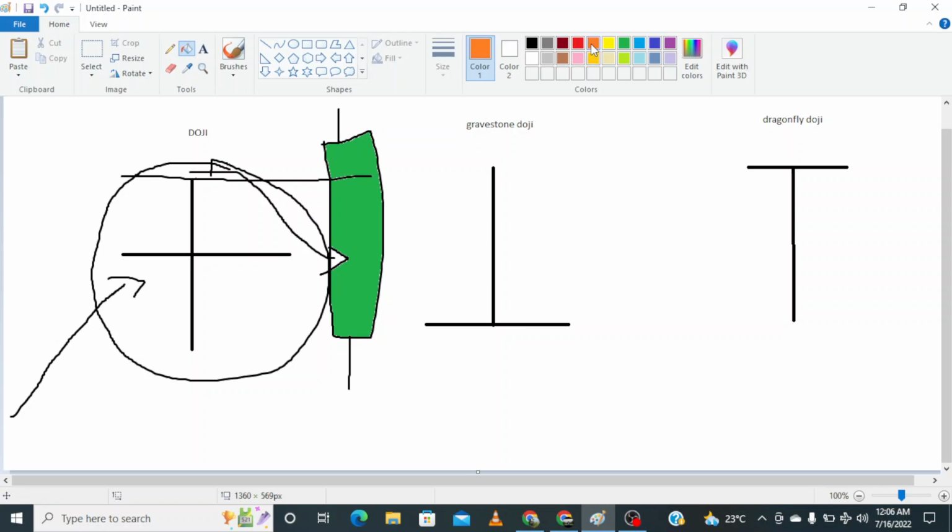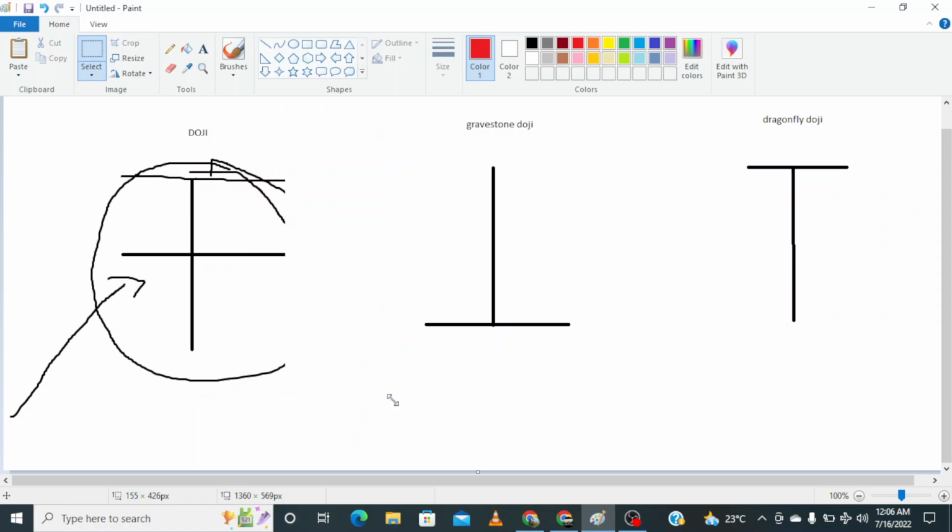If this is a doji, and the next candle gives a closing below, something of this sort is formed here, and it is red in color.